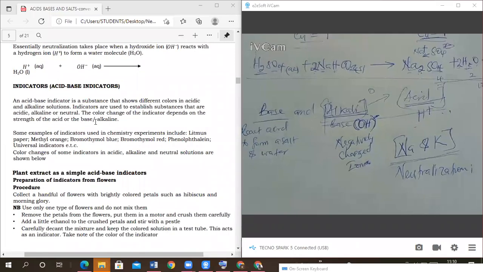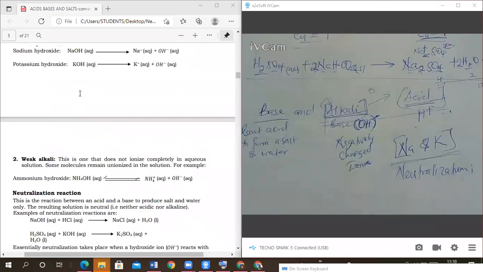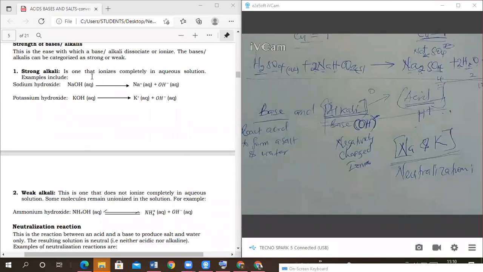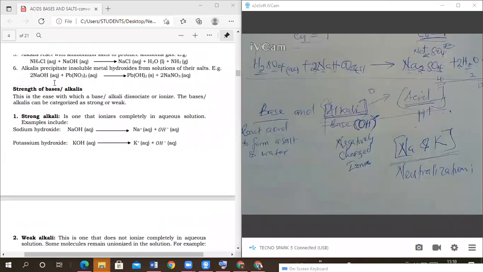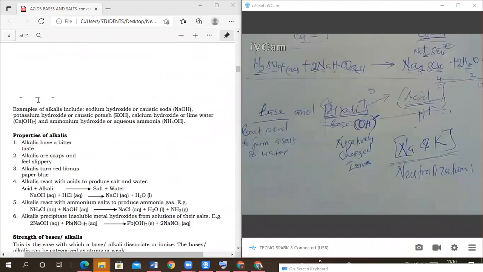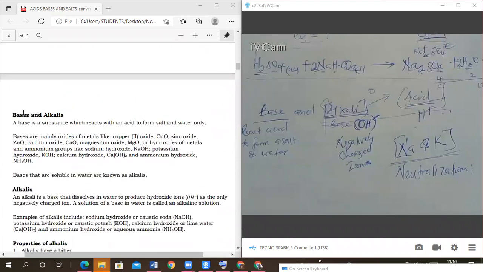Now, when it comes to this, there are only two things here. A strong alkali is the one that ionizes completely in aqueous solution. So here we have the difference. A base is a substance which reacts with an acid to form salt and water only.